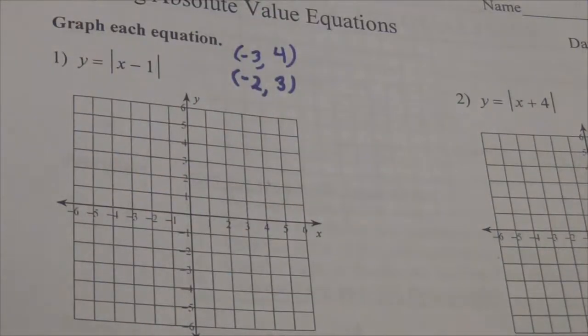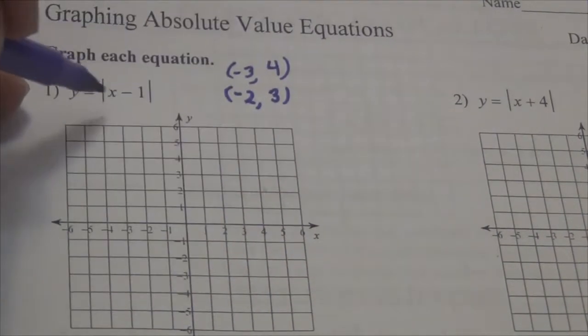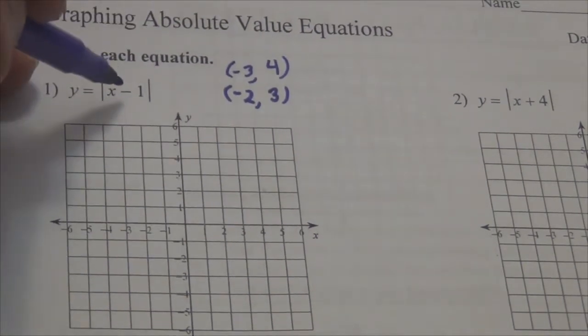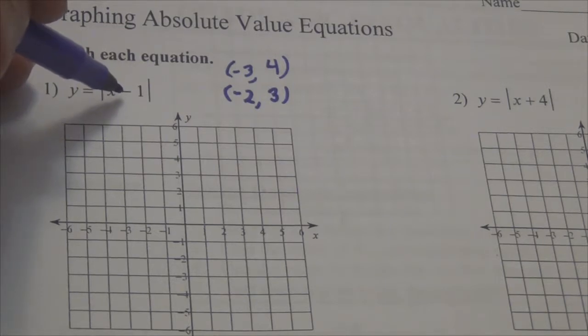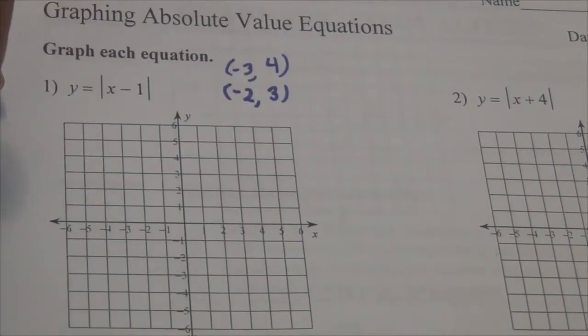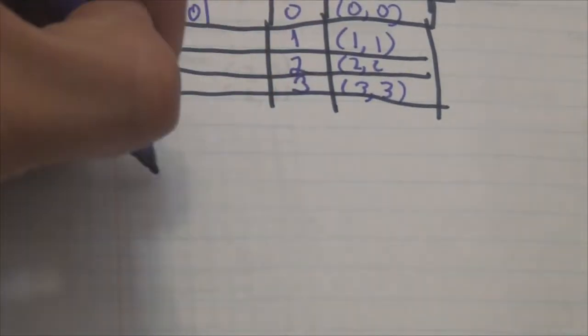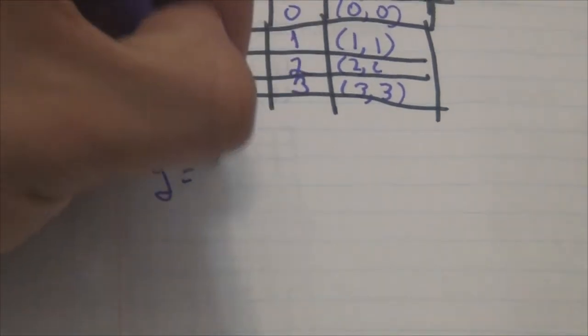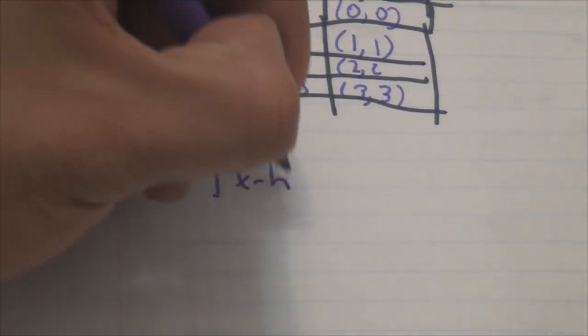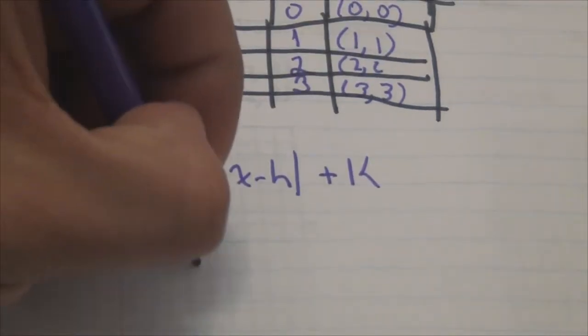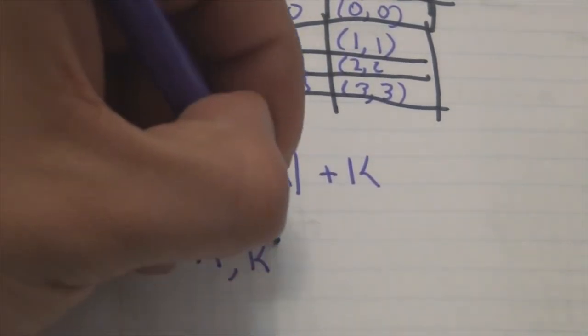This x minus 1, just like in the quadratics, creates a shift to the right. Remember, the absolute value function: y equals the absolute value of x minus h plus k, where h comma k is the vertex.